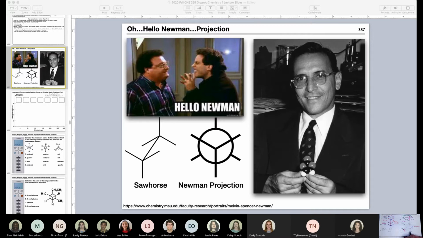What group goes in the back here? So methyl. And then finally, the last group, this H was back, it's to the left. So this H has to be back and to the left. So this is called the staggered conformation. This is called an eclipsed conformation.